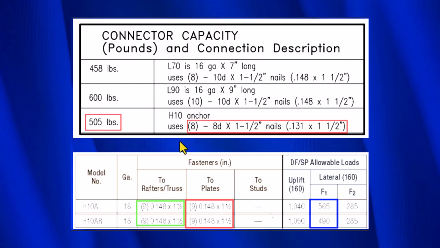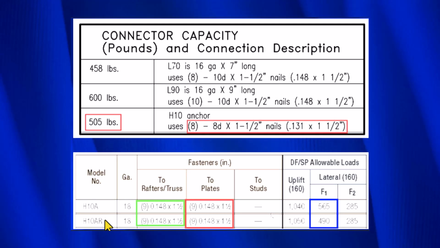The last frame anchor we're going to look at is the Simpson H10. Now, in fact, the Simpson H10 no longer exists. It's been replaced by the H10A and the H10AR, which functionally are just the same, in the number of nails. So this H10A is for 1.5 inch nominal lumber, and this is for a full 2-inch lumber.